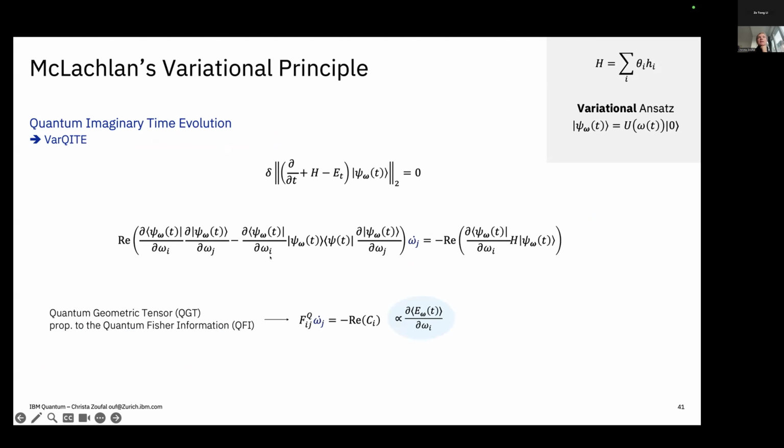Now, the quantities that we need to evaluate in this context are on the left-hand side, the quantum geometric tensor, which is proportional to the quantum Fisher information, and on the right-hand side, an operator that's proportional to the energy gradient of the system.